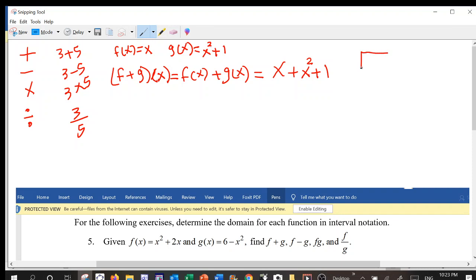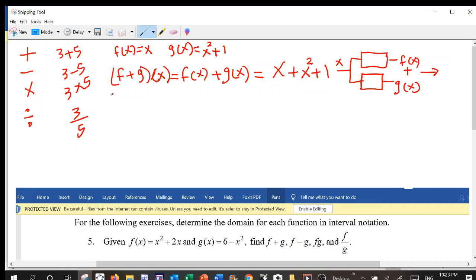So basically what we are doing is we are putting these functions like that, and then we are giving them the same input, and then for the output, we're going to take this. This is f of x, and this is g of x. So we are adding them, and then we get the sum. Okay? So now we can also do subtraction.